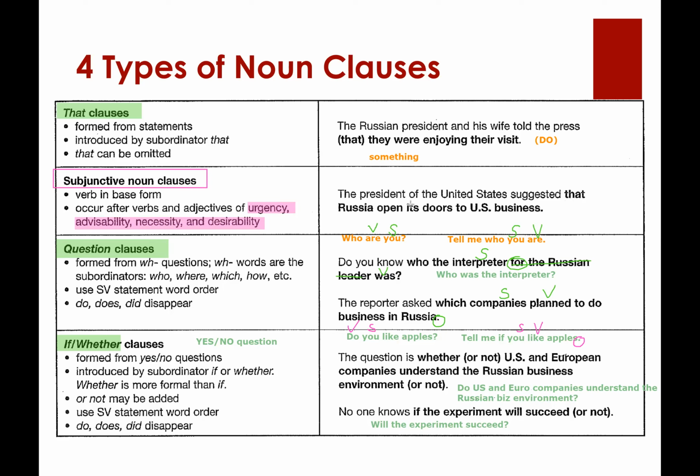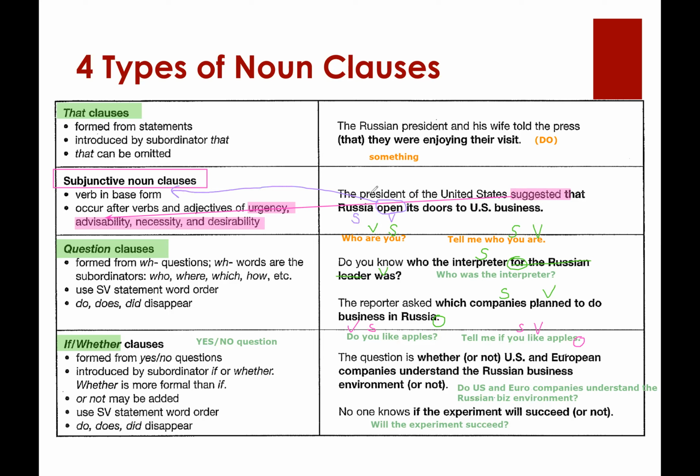So in this case, the President of the United States suggested, so that is advisability, that Russia open its doors to US business. So do you see how in this case, in the noun clause, even though the subject Russia is singular, the verb open and not opens stays in base form? That is what we call subjunctive.